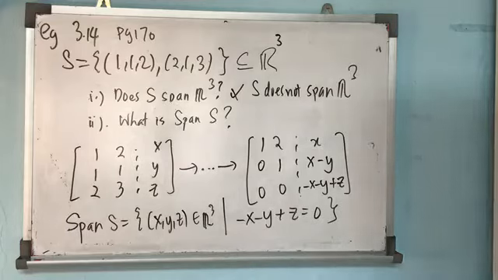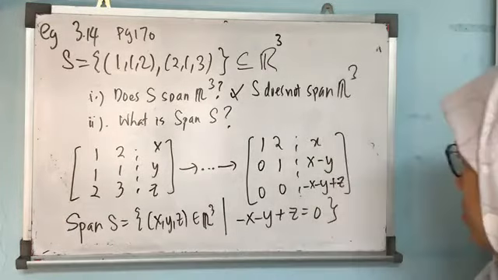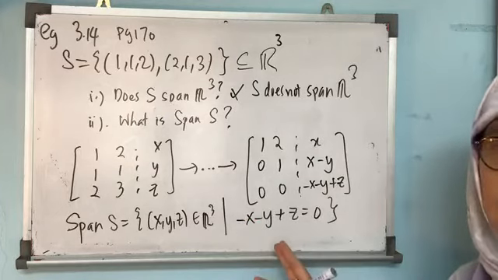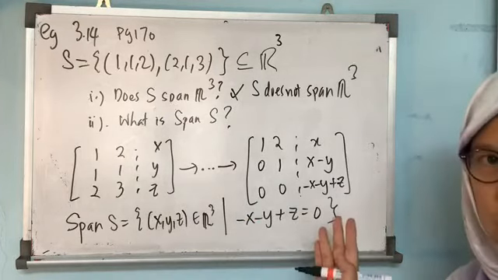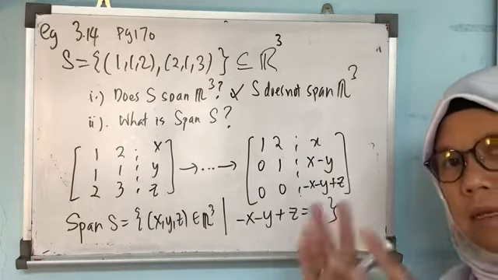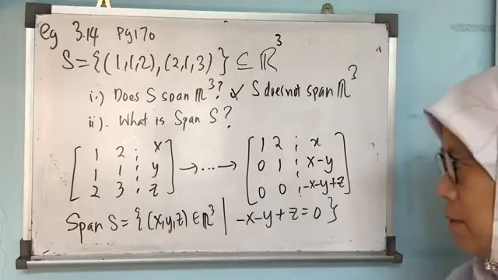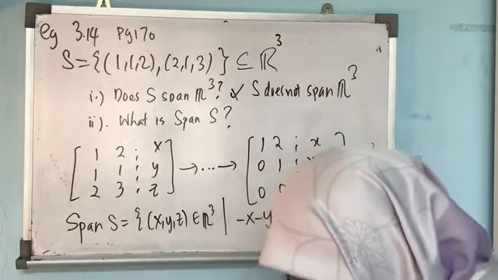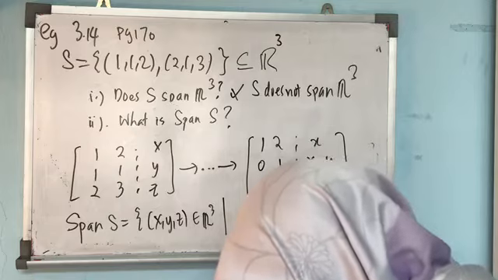Okay, just checking whether this is clear enough. This actually is a plane. You just leave your answer like this, it is okay. But this is actually an equation of a plane in X, Y, Z, right? Okay. Move on to number 2.